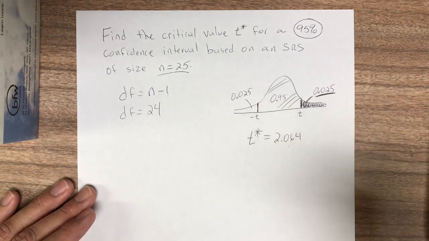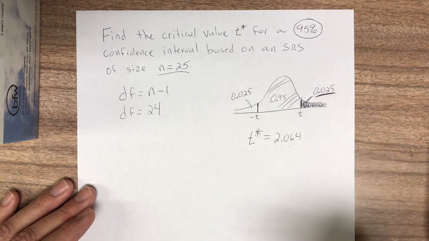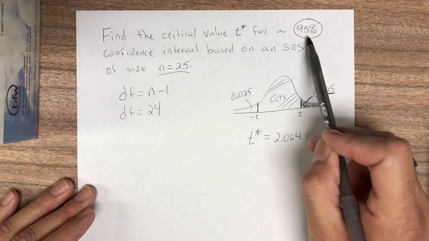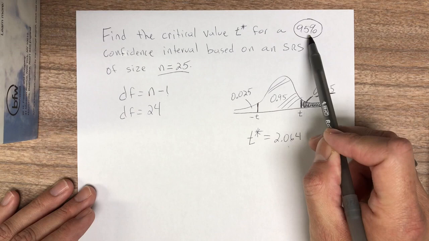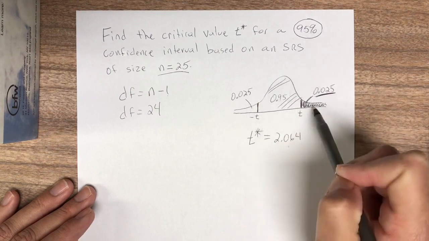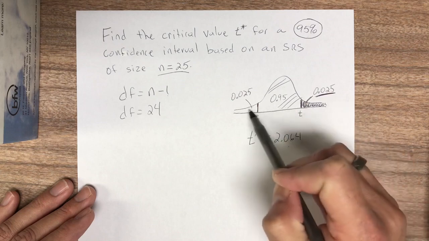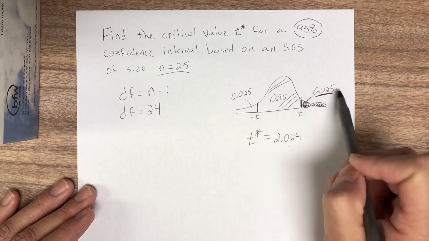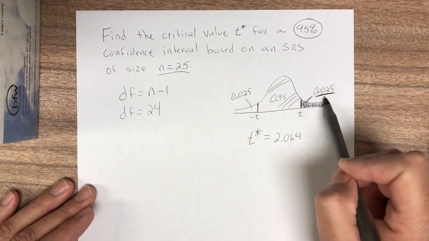We also have a 90%, 80%, 99% confidence interval or confidence level. So when you have a different confidence level, make sure you do the density curve, and you find the area on the tails so you know what area you need to use in the calculator.